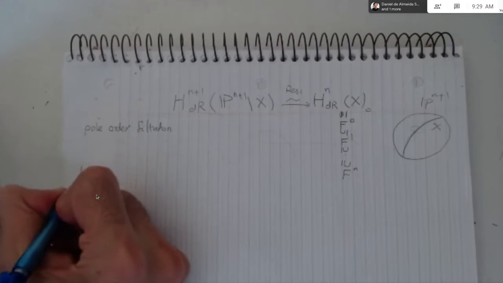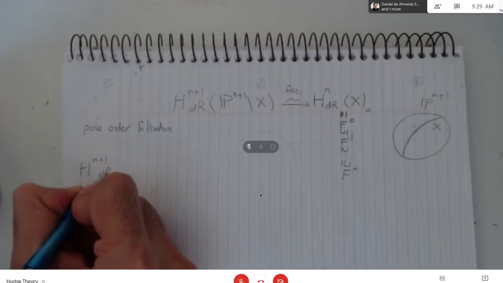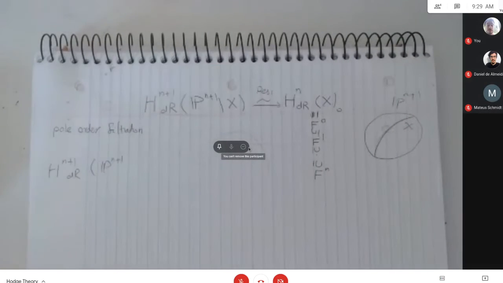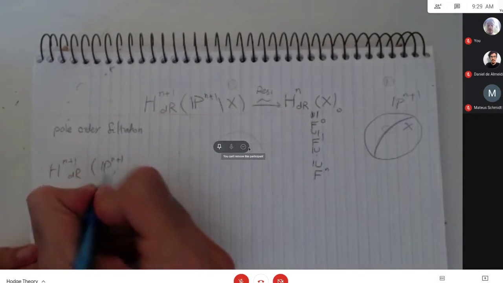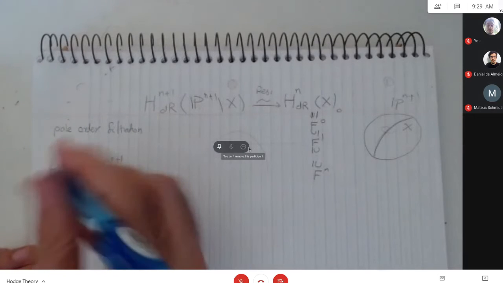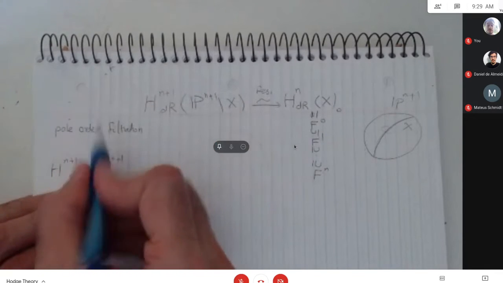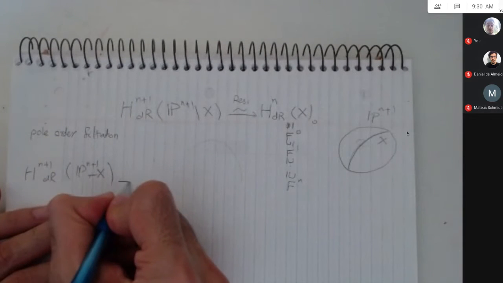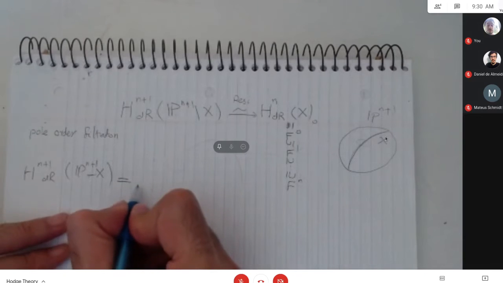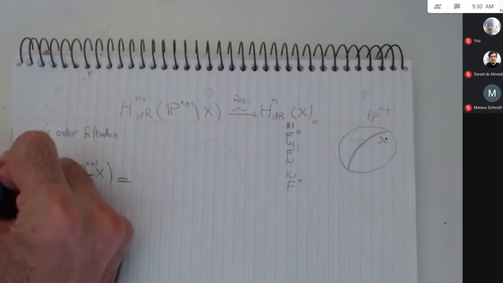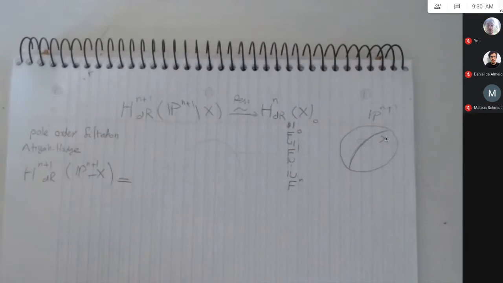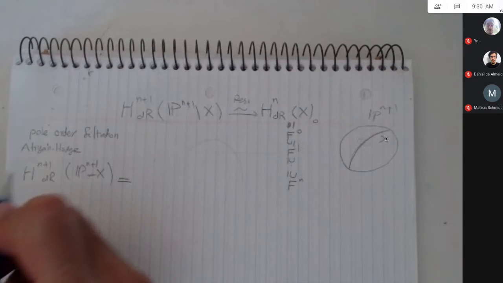First of all, by the Atiyah-Hodge theorem, the cohomology of P^{n+1} minus X is given by, actually this is Atiyah-Hodge, but anyway, Griffiths in this case also proves it explicitly.